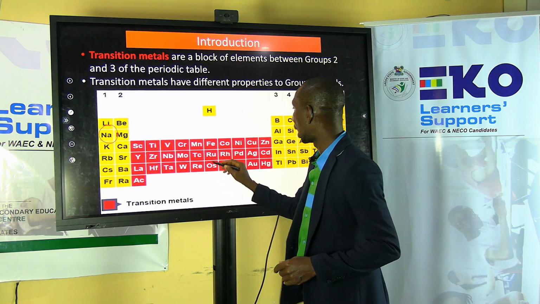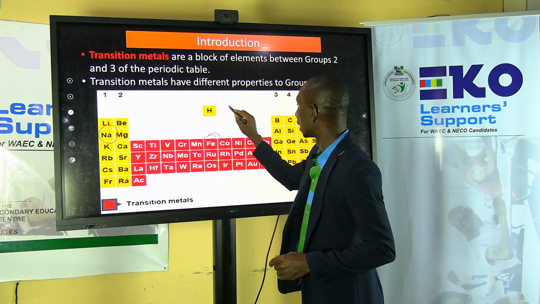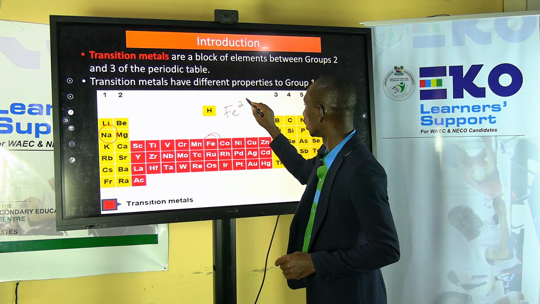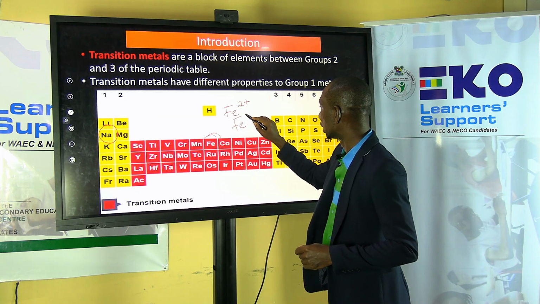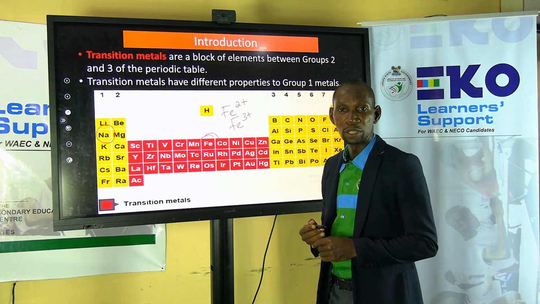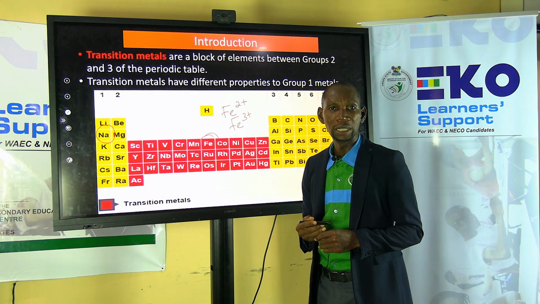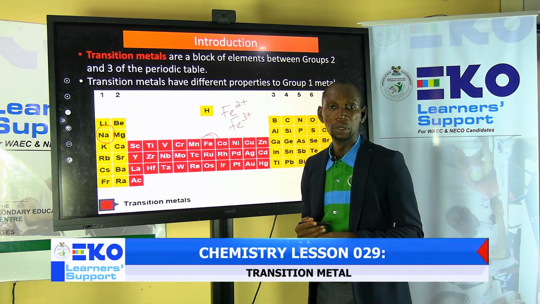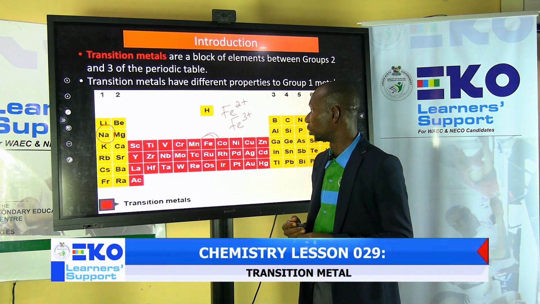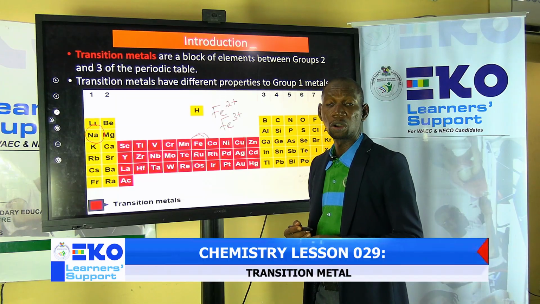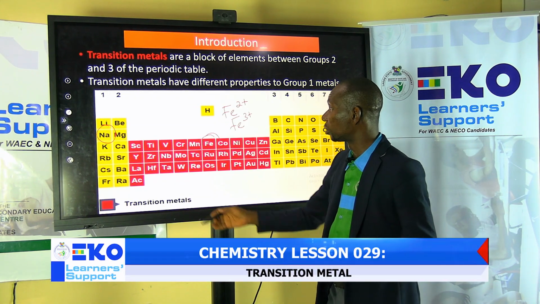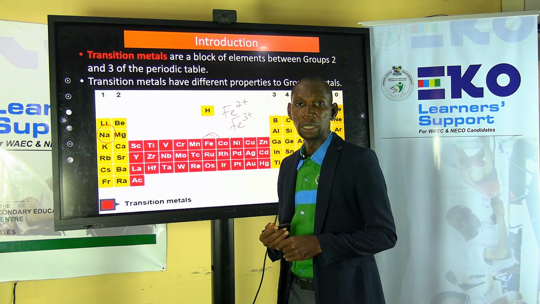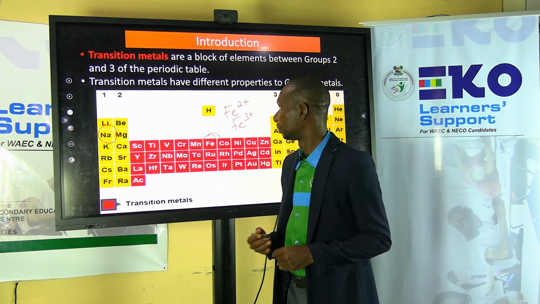For example, iron here can have an oxidation state of +2 and +3. This is one way by which transition metals differ from the main group metals. Also, transition metals are colored. They form colored compounds, unlike the main group elements that are usually white or colorless.